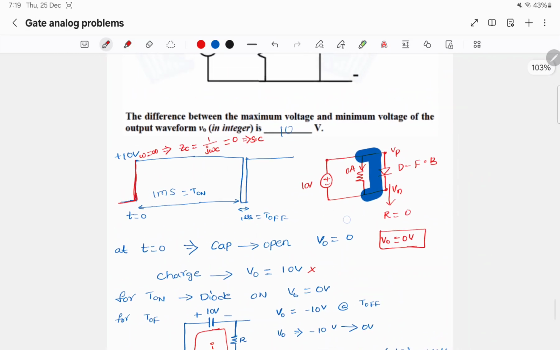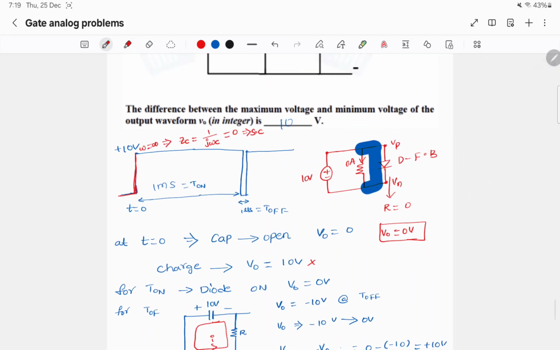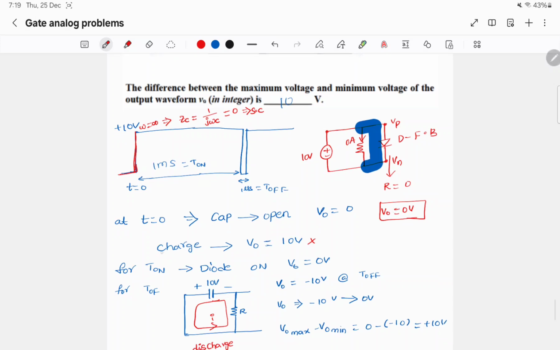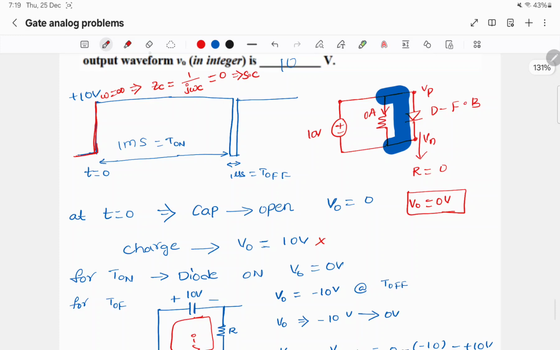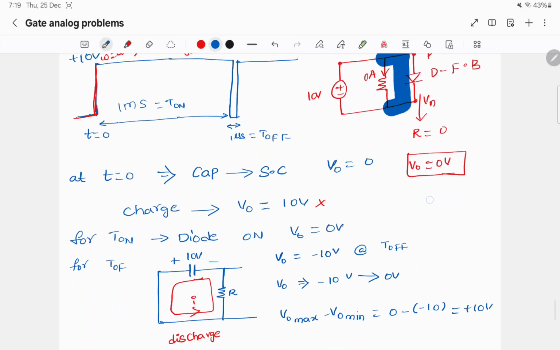We should not think that the capacitor is a short circuit at t equals 0 and that the equivalent circuit will be like this and it will charge and V0 will reach 10 volts.